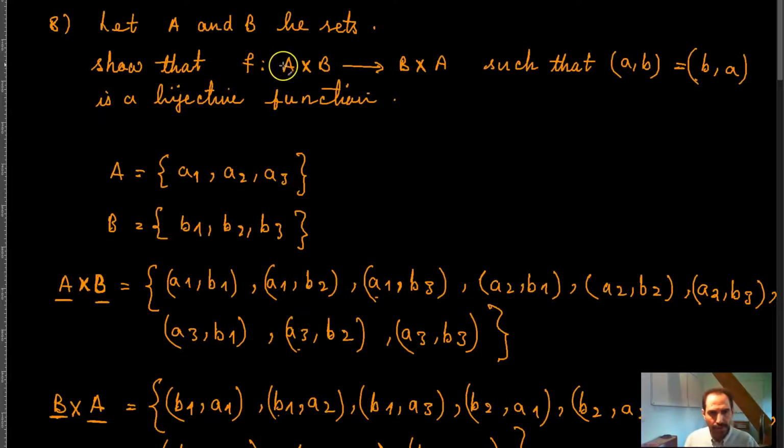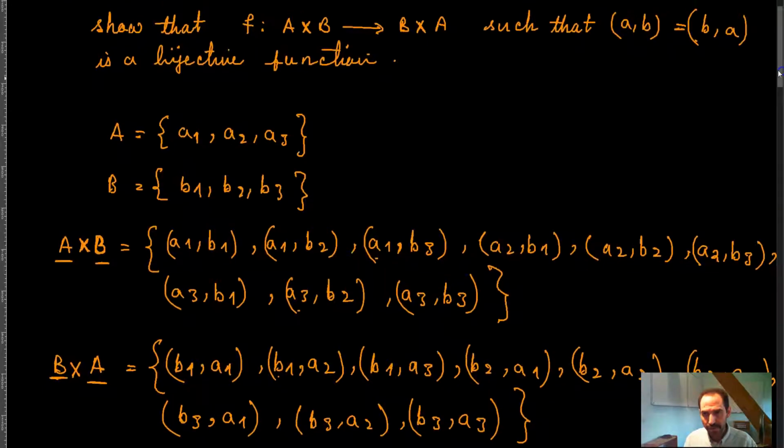Now what we are saying is that we want to show that f, which is a function from this set A times B to this set B times A, such that f(A, B) is equal to (B, A).